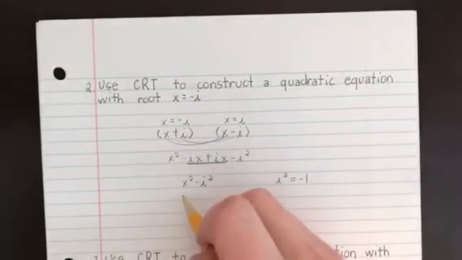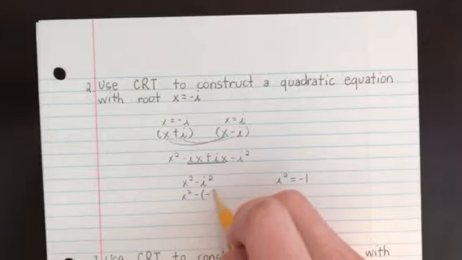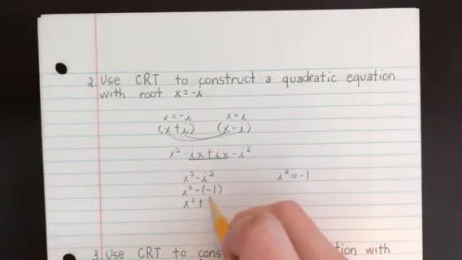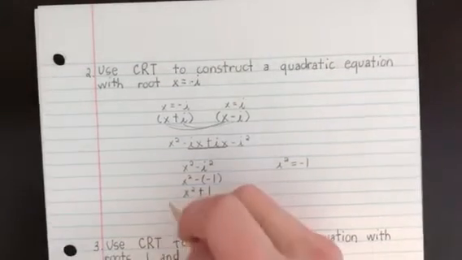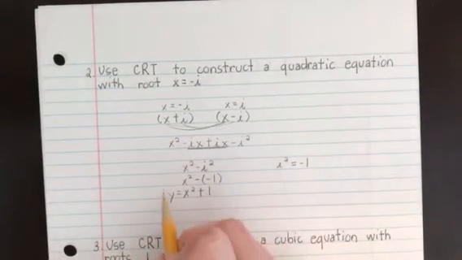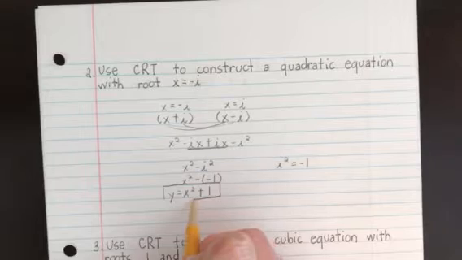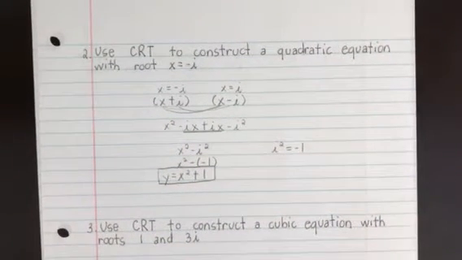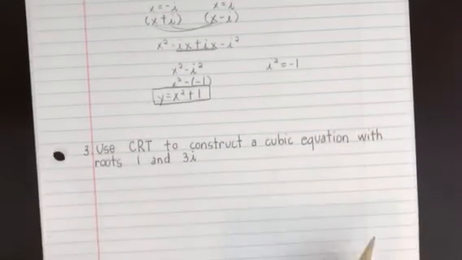So this is the same thing as x squared minus -1, which turns into x squared plus 1. So slap a y equals on that, and you've got your quadratic equation. X squared plus 1 has the roots -i and +i, plus or minus i.